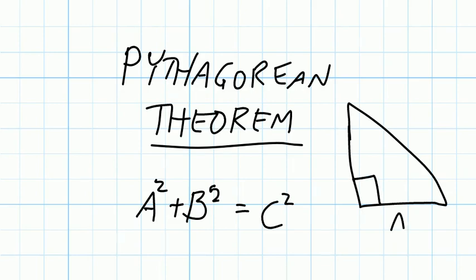If we pick this side as a, this side as b, this side c is our hypotenuse, and this will always be the longest side. So again, why does this matter in BTM? Well, again, for layout of walls of buildings and other structures that you may have to lay out.